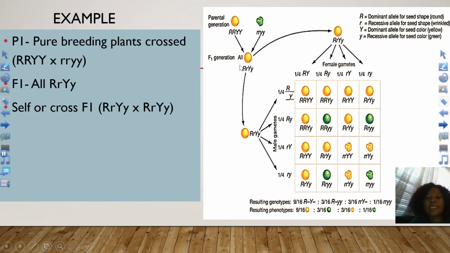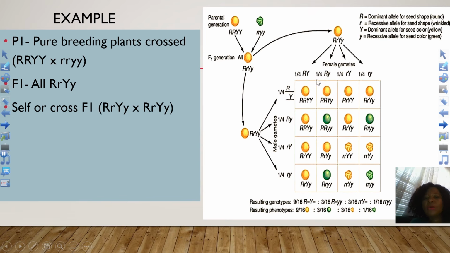Then the next thing that was done was to self-fertilize the offspring of the first generation, which was represented by capital R, small r, and capital Y, small y, which is shown over here as we did in the other cross. So there's the one parent and there's the other parent. These are the gametes of the first parent over here. What you can see here is that there are four gametes that are produced in a dihybrid cross, and they are produced with equal frequency.